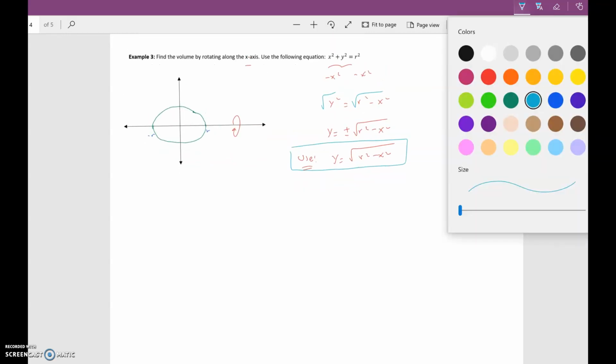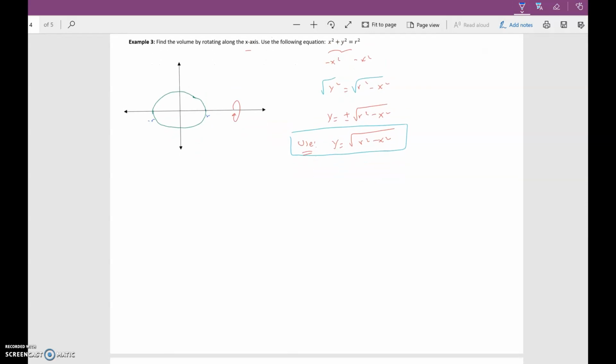And let me rewrite the actual formula. So the volume is equal to, in this case, the integral from negative r to r of pi times the square root of r squared minus x squared, squared, dx.